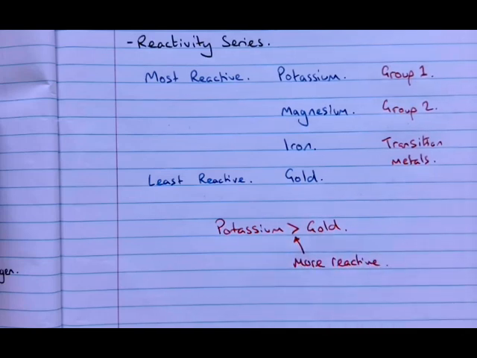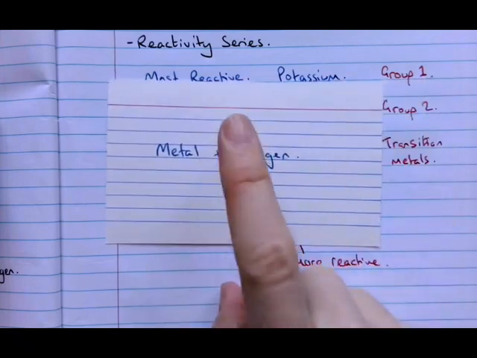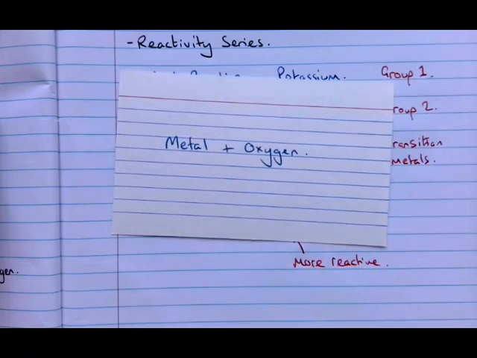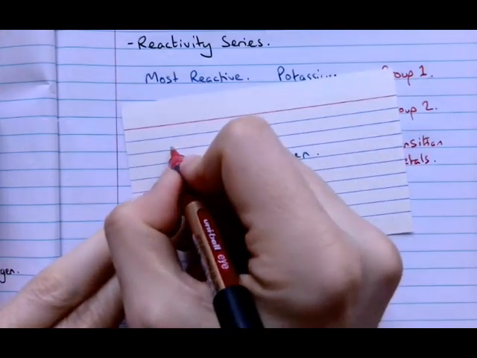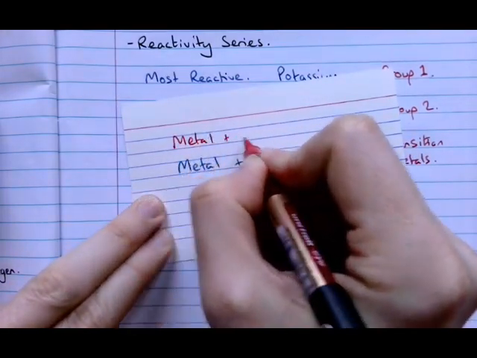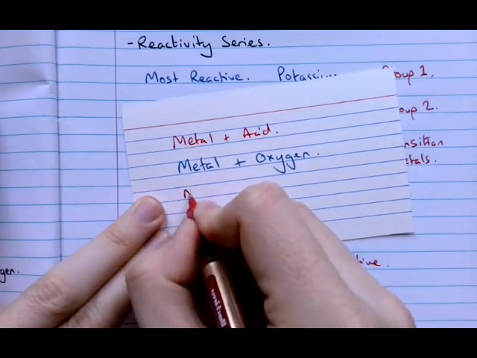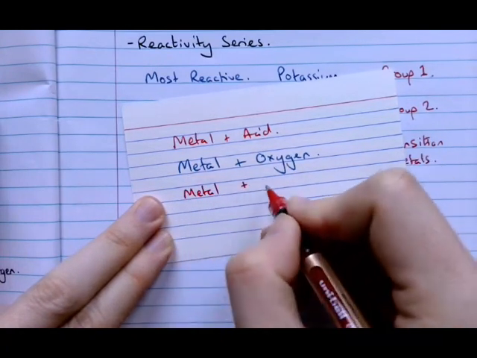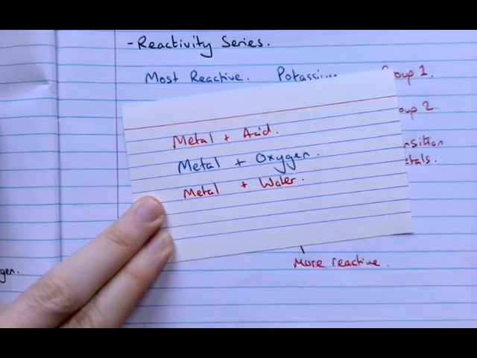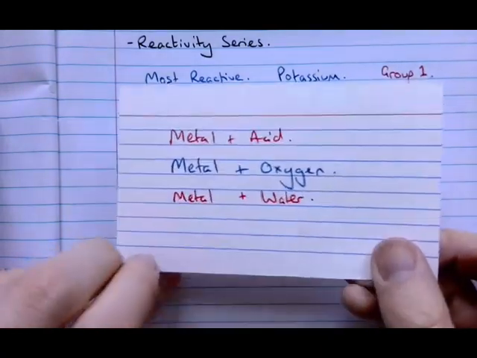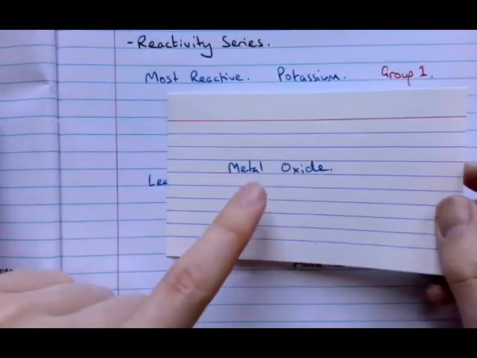All right, so finally, the only thing you need to do is, of course, to make yourself another flashcard. The one you made last time was metal and oxygen. So you've already got metal and acid. So you should already have one from metal plus acid. The last time you had metal and oxygen, this time you need to make metal plus water. Okay, so if I have a look at this, metal oxide.